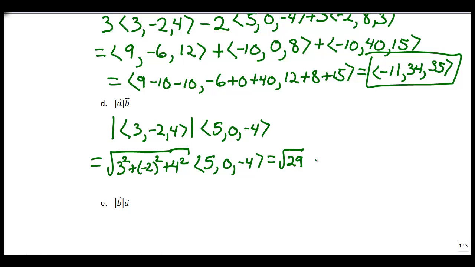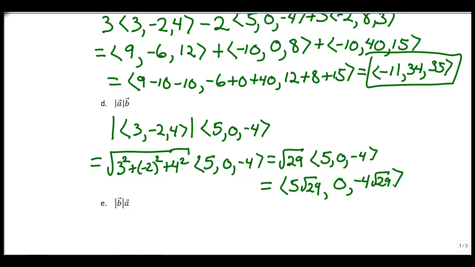So I get square root 29 times the vector 5, 0, negative 4. And so our answer works out to be the vector 5 times the square root 29, and I distribute this square root 29 to each component. I get a 0, and then I get a negative 4 square root 29. So there's our answer for magnitude of A times B.